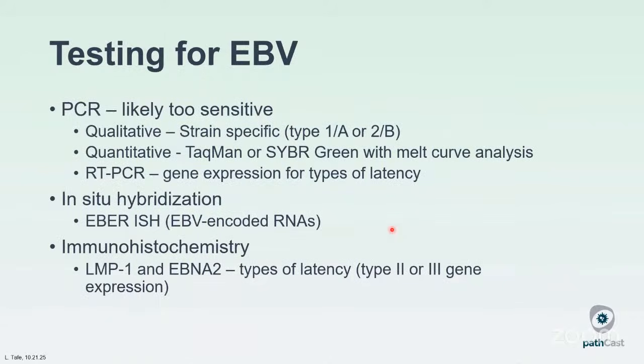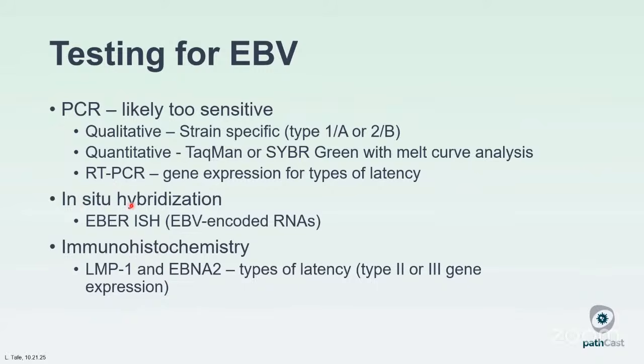In terms of testing for EBV, it's really focused mostly on in situ hybridization, or the EBER-ISH. It's thought that PCR is likely too sensitive. Many people have been exposed to EBV at some point in their life, so there's probably quiescent or latent EBV in a number of cells, and PCR might be picking up something that's not quite significant.